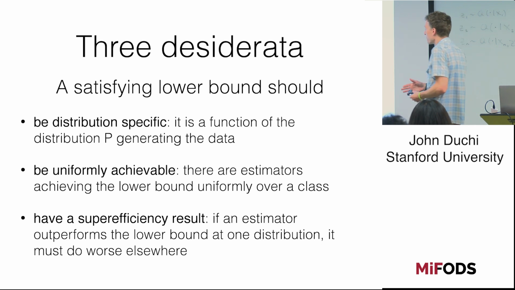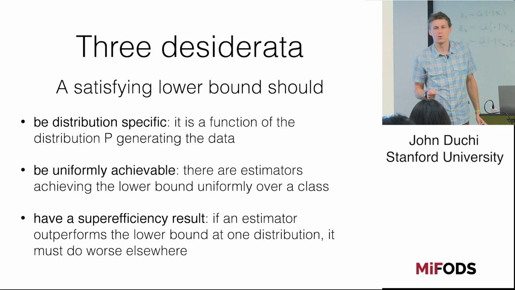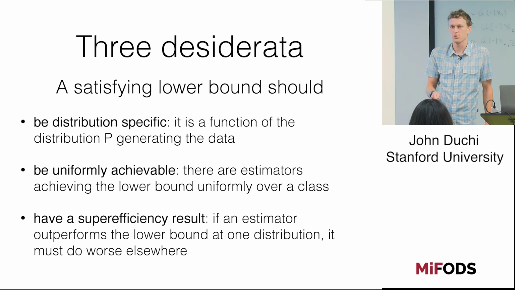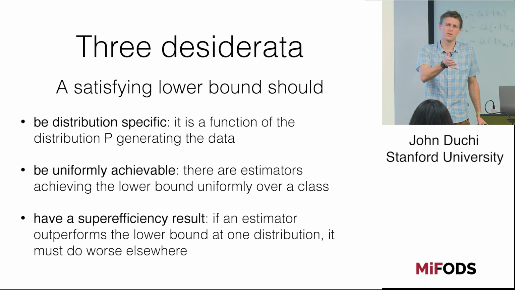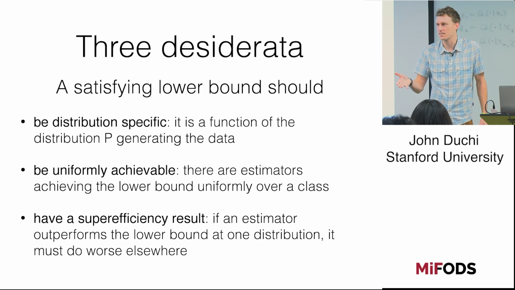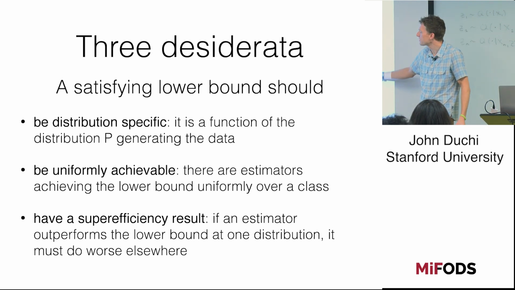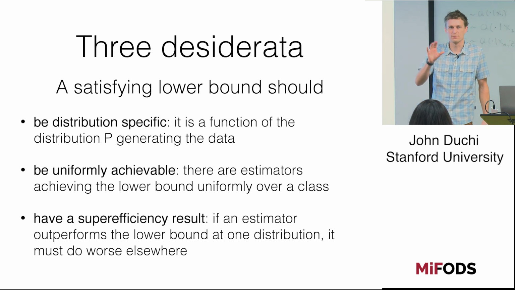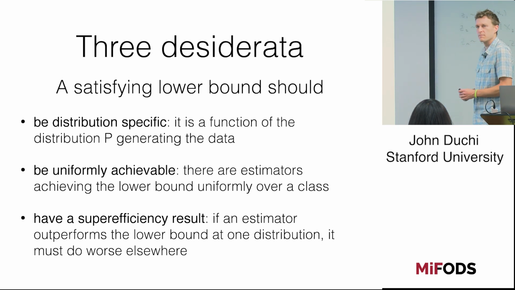So you want a super efficiency result, which says basically that if you come to me and say, hey, I can beat your lower bound on this distribution, on this population, then I can tell you there's another distribution where your estimator is really terrible. If your estimator is output 0 all the time, I can very easily find examples where your estimator is not very good. So if we can have all 3 of these things, then we're like, OK, yeah, we've nailed a lower bound. This is really totally satisfying.